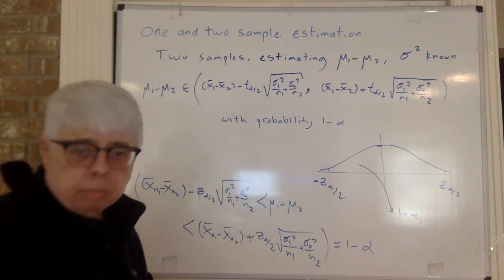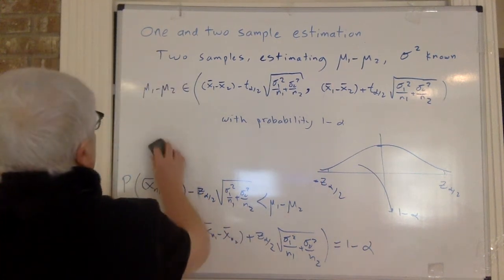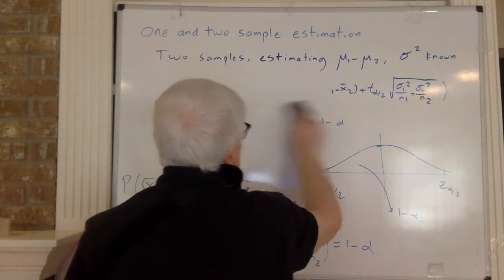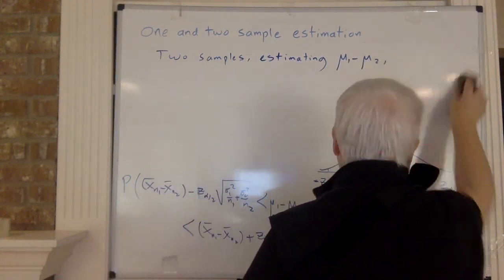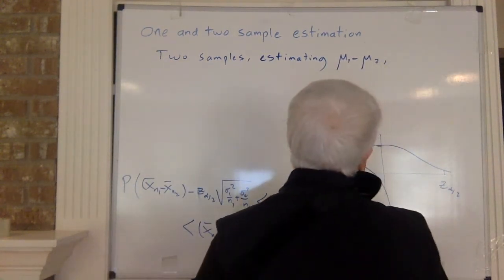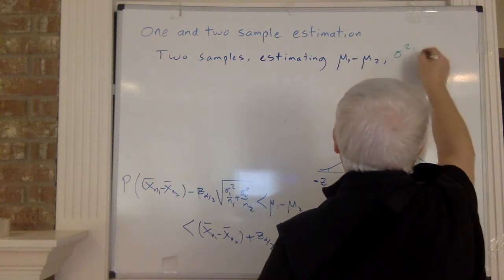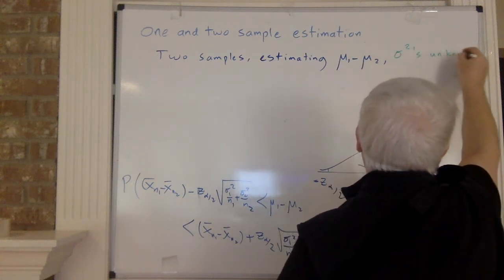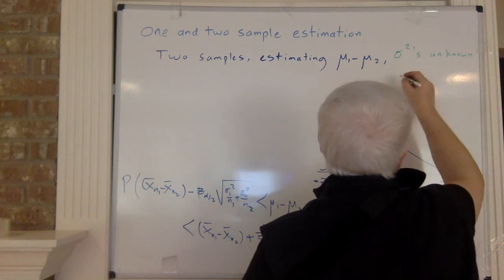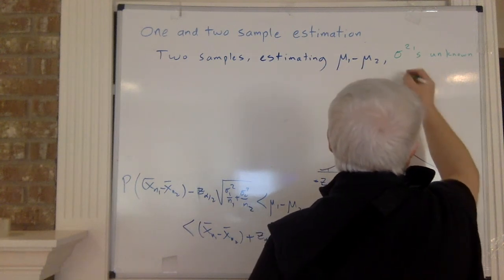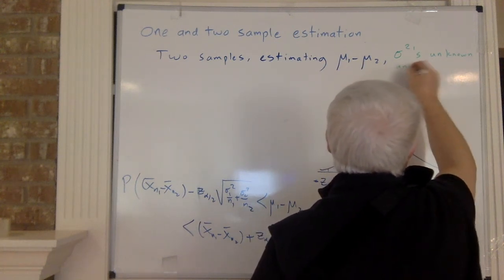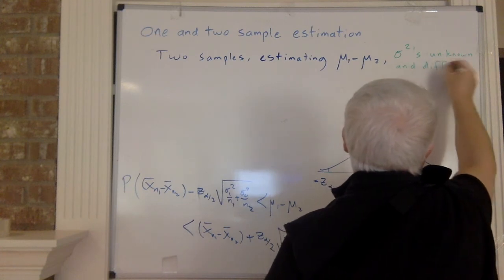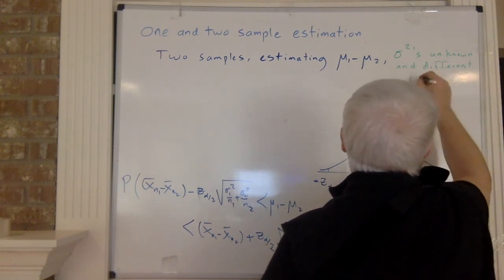I can write this for you, just to mention that the sigma squareds are unknown, and not just unknown, they're different, so unequal.